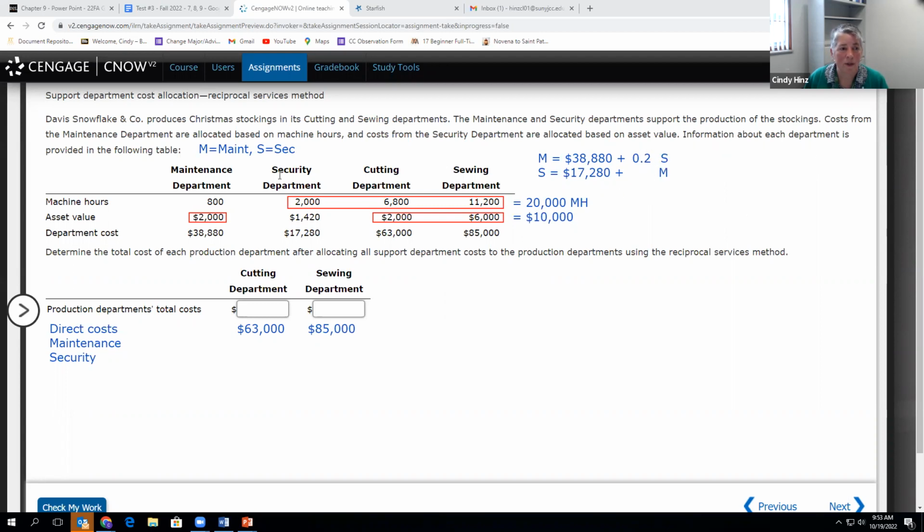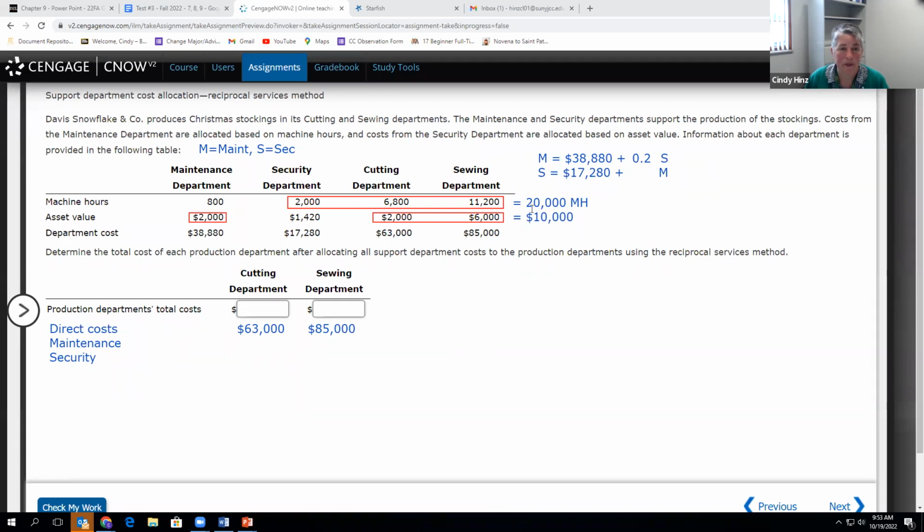Let me say that one more time. We're allocating the security department based on asset value. The asset value for the maintenance department is 2,000 out of the total of 10,000. That's 2,000 divided by 10,000 or 0.2. 20% of the cost of security is going to be allocated to the maintenance department and added to their direct costs.